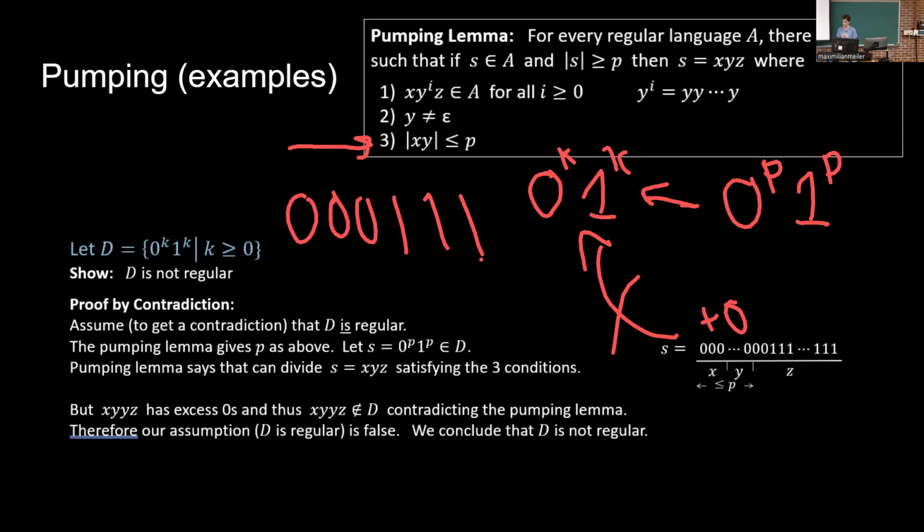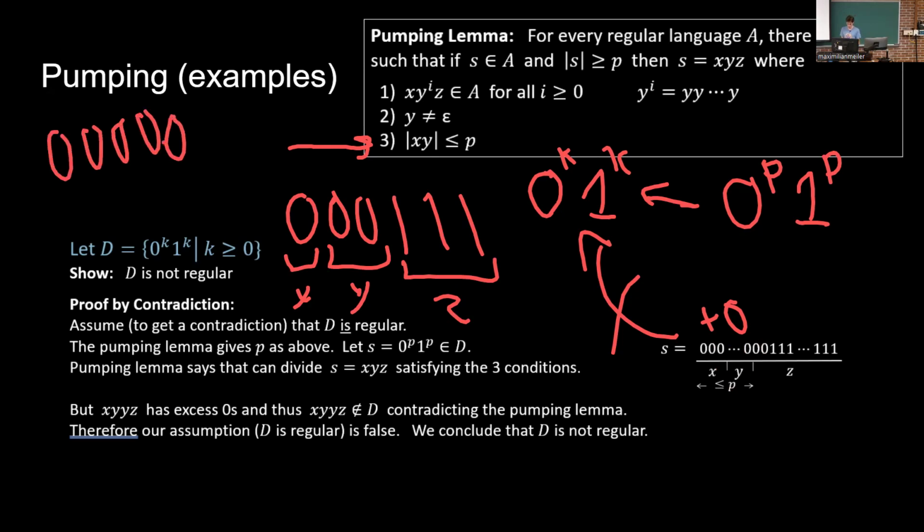Say p is just 3, right? Say we choose this is our x, this is our y, and then this is our z. What pumping y means is that we can add more copies of y, and what that results in is, like, this adds 2 extra zeros, right? And you can see that this resulting thing does not have an equal number of zeros and ones. So it's not in the original language.